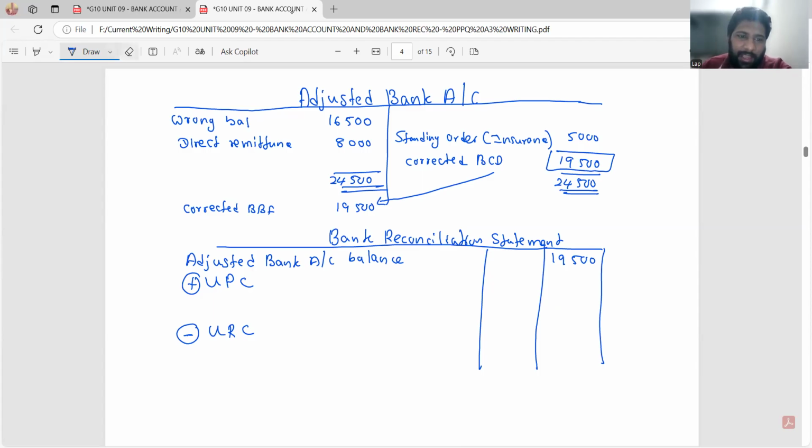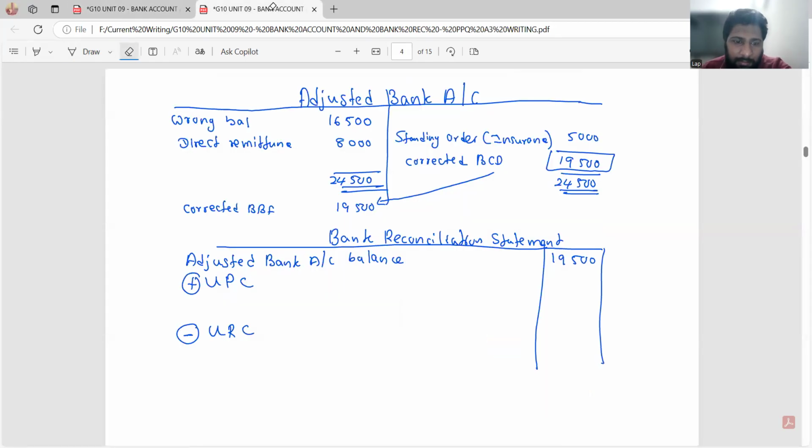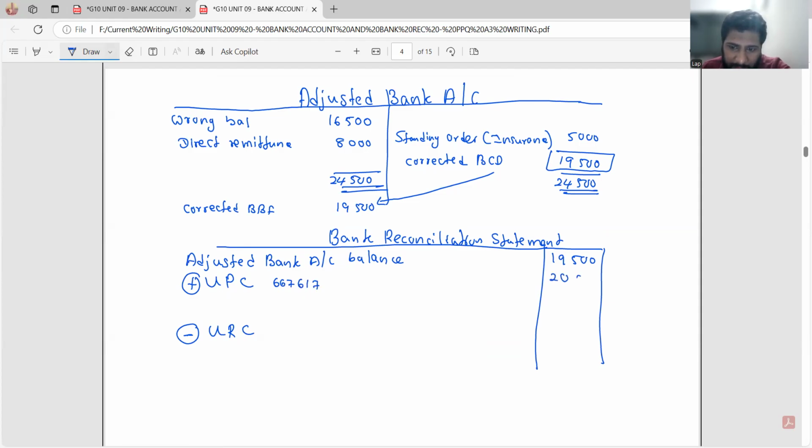So in this question, we had an unpresented check and an unrealized check. Unpresented check is 667,617, 20,000. Total 39,500.